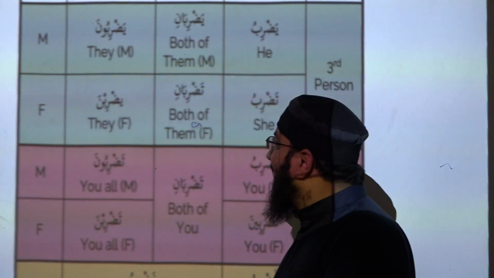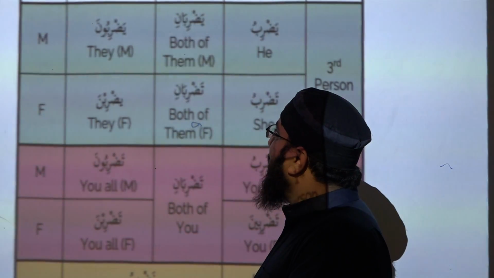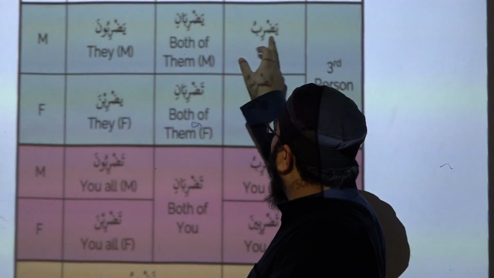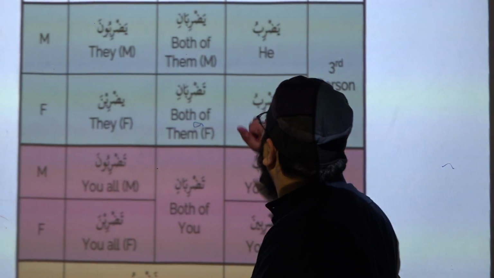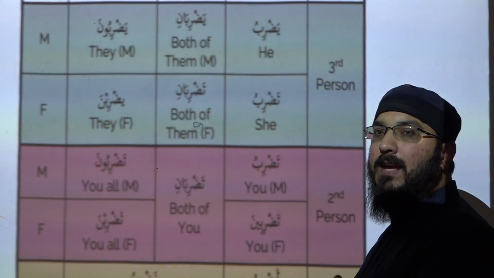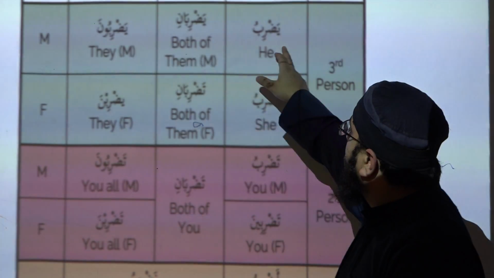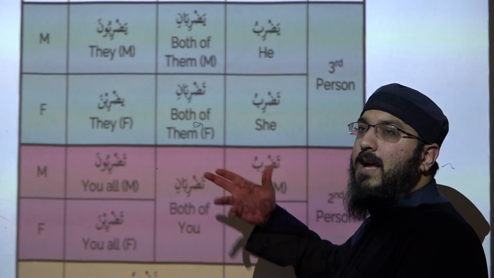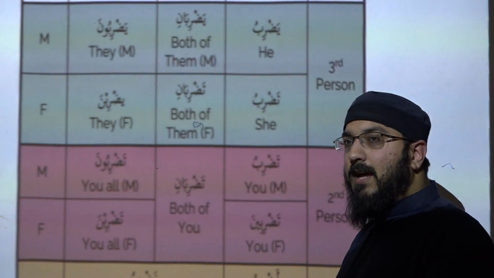There are a few tricks to this. The ya at the beginning usually indicates third person. But for feminine third person, ta, it's called ta ta'nith.